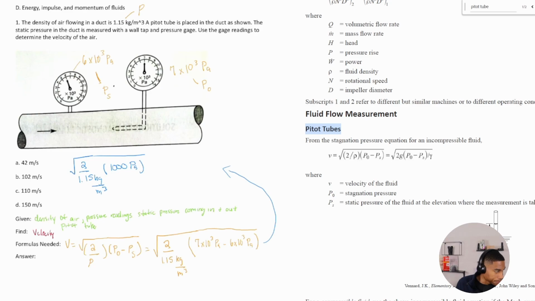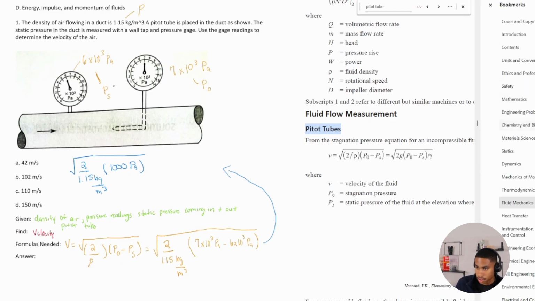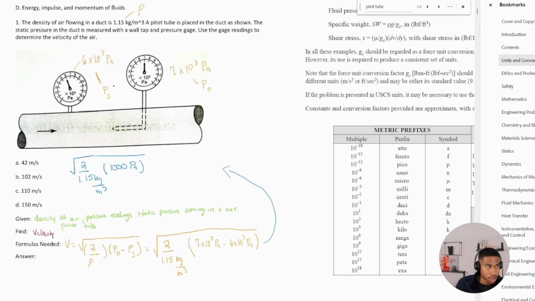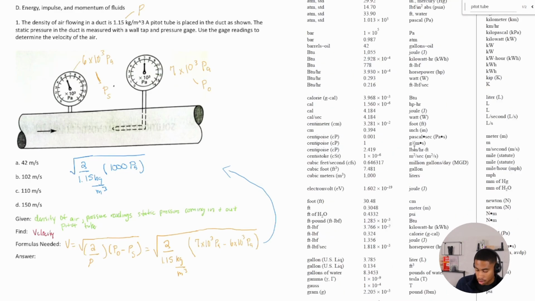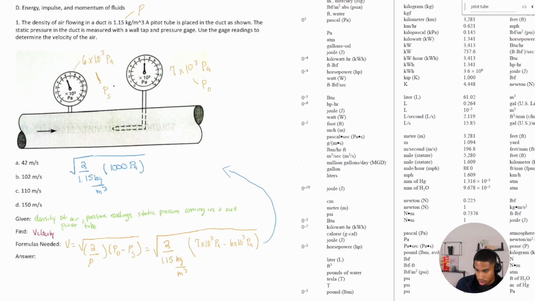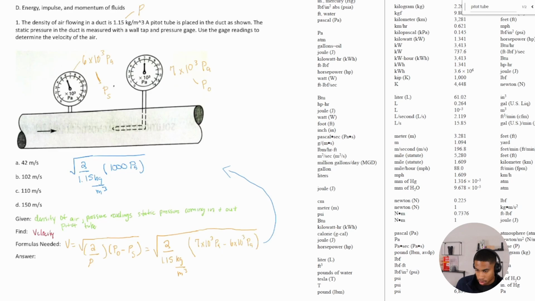All right. So let's go to our unit conversions section to see if that'll help us. All right. So 1 Pascal equals 1 Newton per meter squared. So we'll start there.